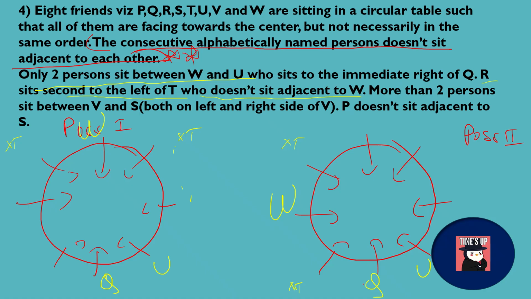In possibility 1, where will R and T come then? So, if I place T here, okay, R will come here. Okay, R is sitting second to the left of T. In possibility 2, if T is here, then R will be here.